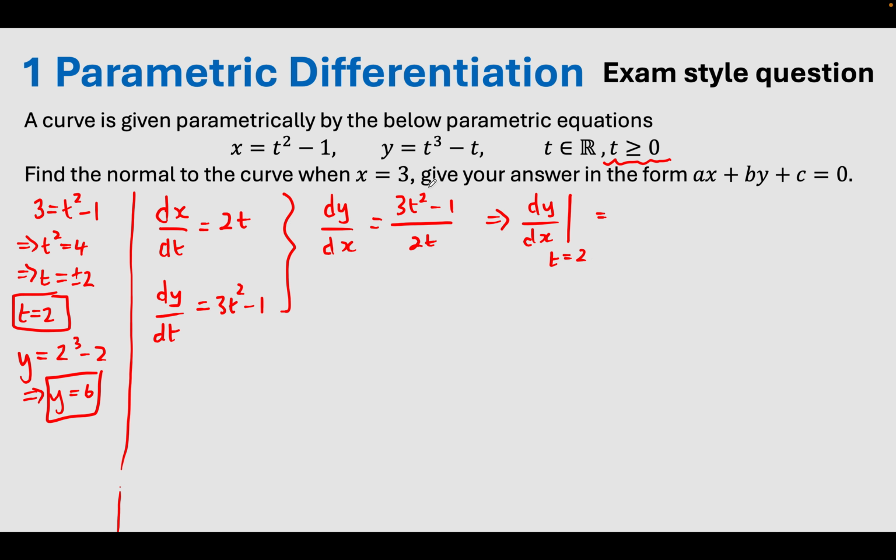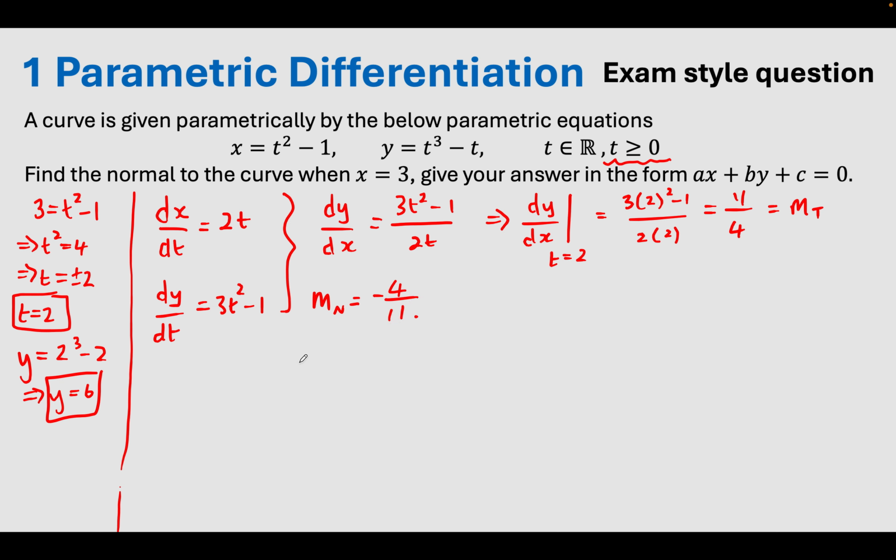So I get 3 times 2 squared minus 1 over 2 times 2. So I get 12 minus 1 over 4, so that's 11 over 4. And on this side, I'm going to call that mt. Now, I actually want mn, which means this is minus 4 over 11.